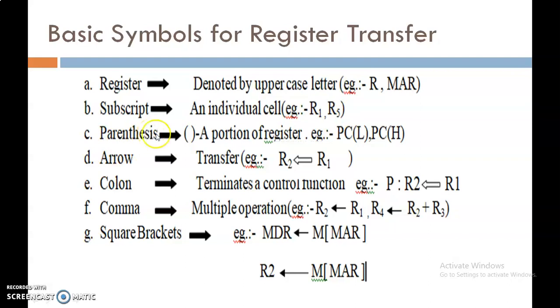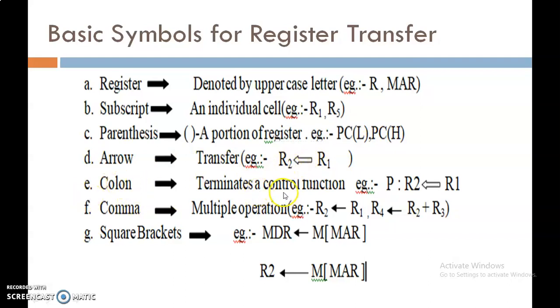Parenthesis denotes a portion of a register. For example, here I write PC(L), PC(H). L denotes low order bits of program counter. H denotes high order bits of program counter. Arrow denotes the transfer operation, like this: R1 transfers the bits to R2.